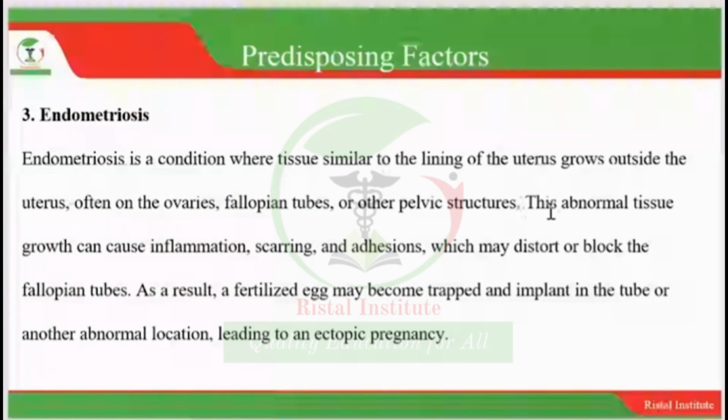This abnormal tissue growth can cause inflammation, scarring, and adhesions, which will block the fallopian tubes. As a result, the fertilized egg may become trapped and implant in the tube or another abdominal location, which can lead to ectopic pregnancy.